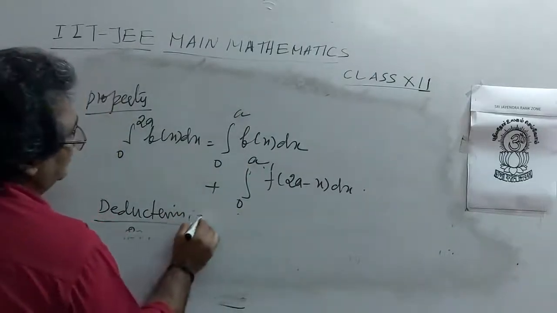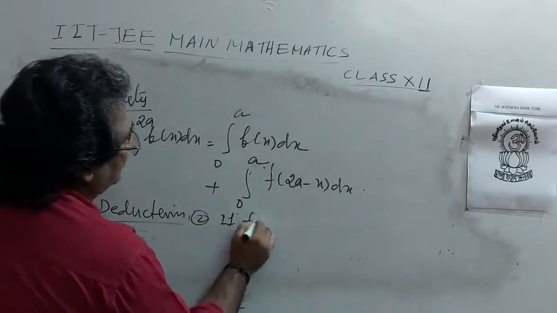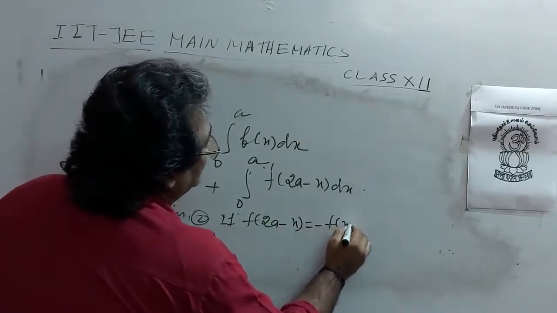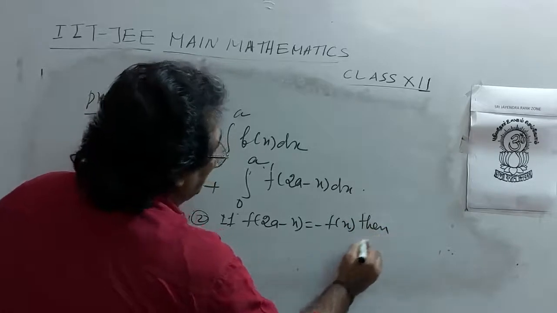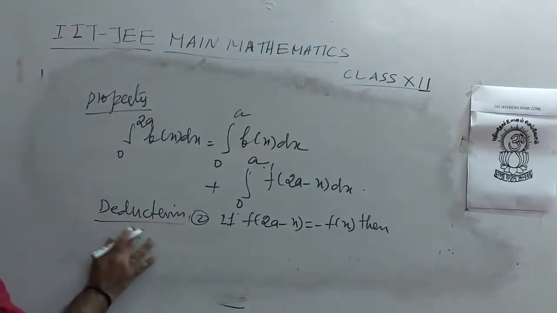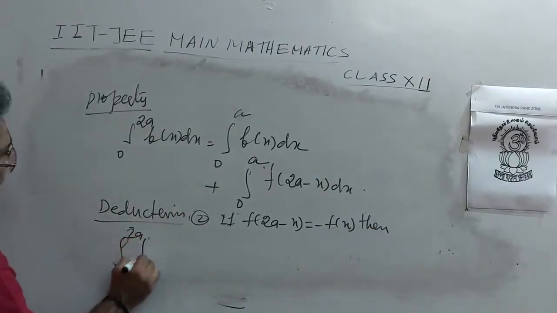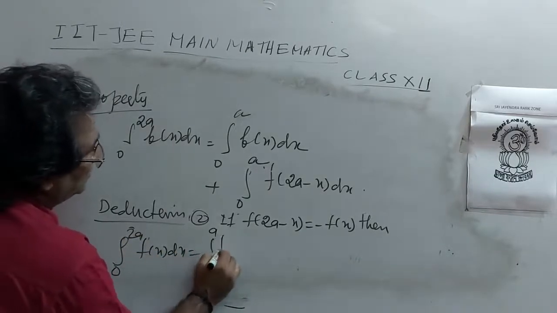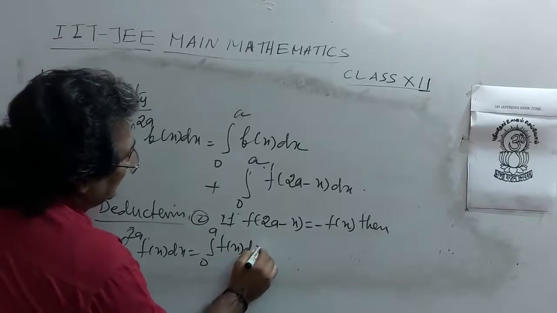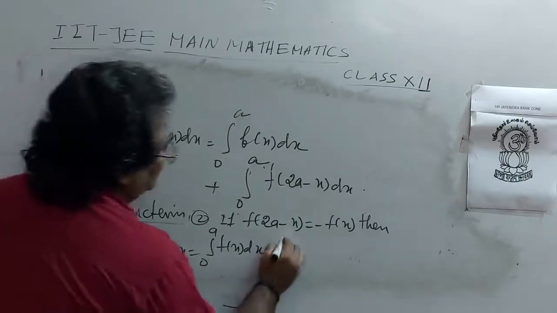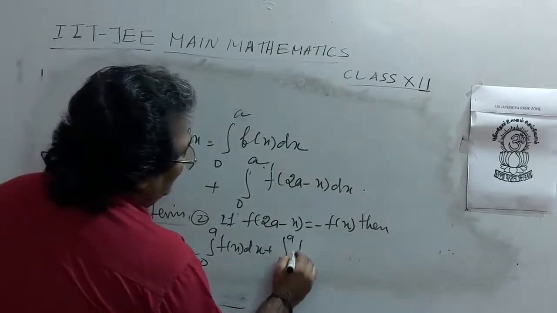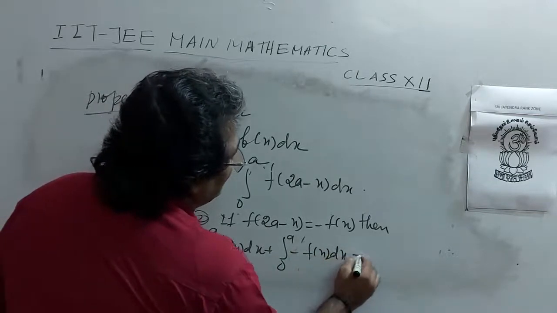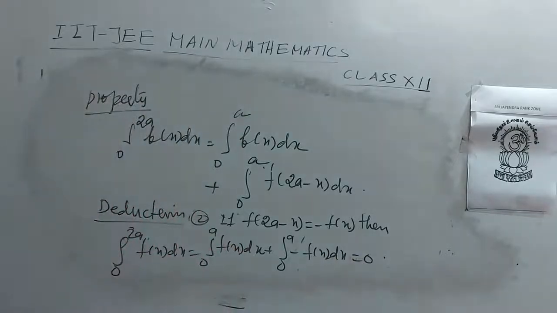Next deduction: if f of 2a minus x equals minus f of x, then integral 0 to 2a f of x dx equals integral 0 to a f of x dx plus integral 0 to a of minus f of x dx, which equals 0.